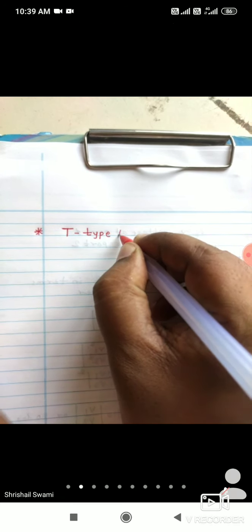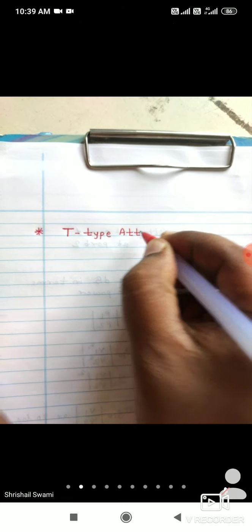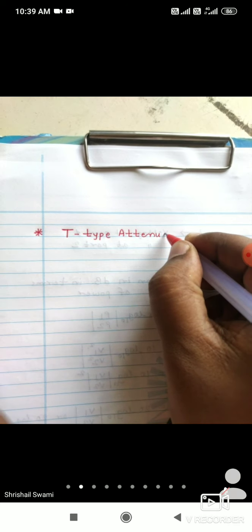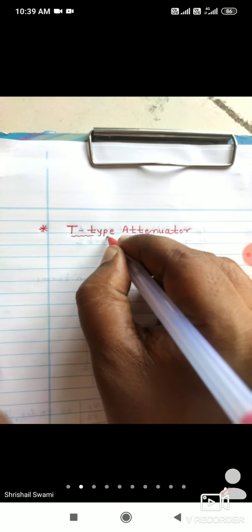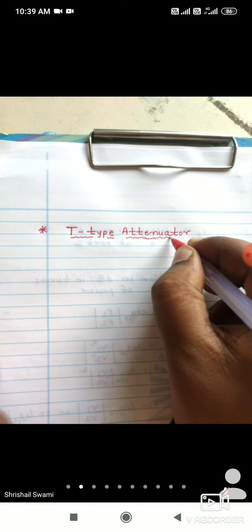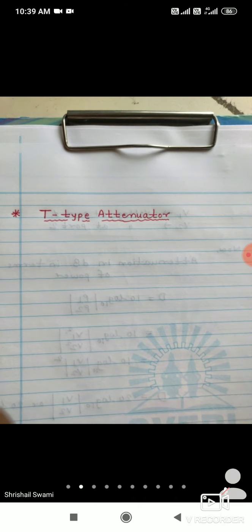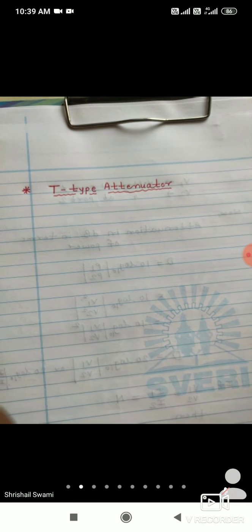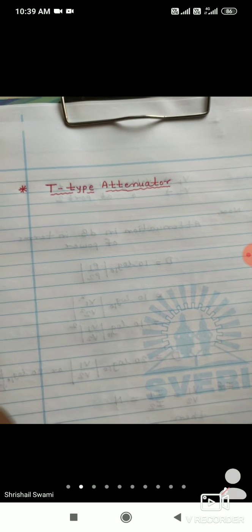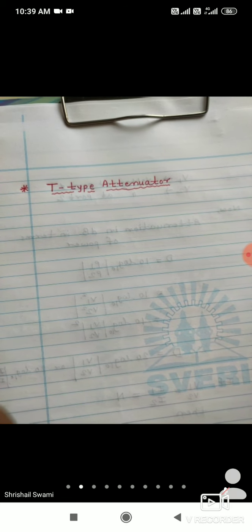T type attenuator. Obviously you learned the T type and pi type two port network in unit number 3. Also you have used the T network and pi network in all filters, in constant K as well as in M derived filters. You are already aware of that. What do you mean by T network and pi network?